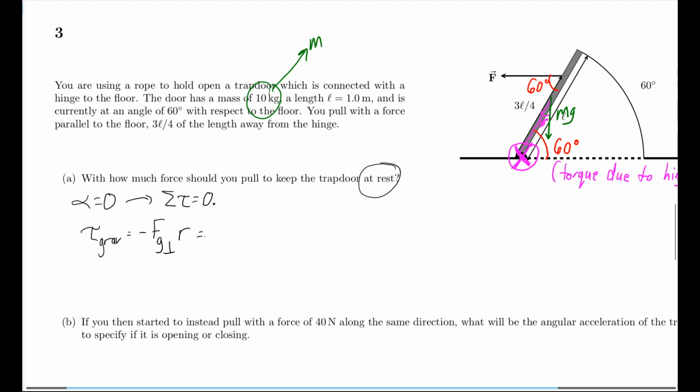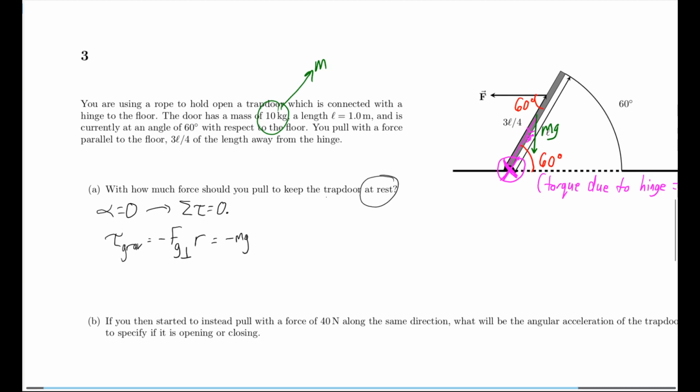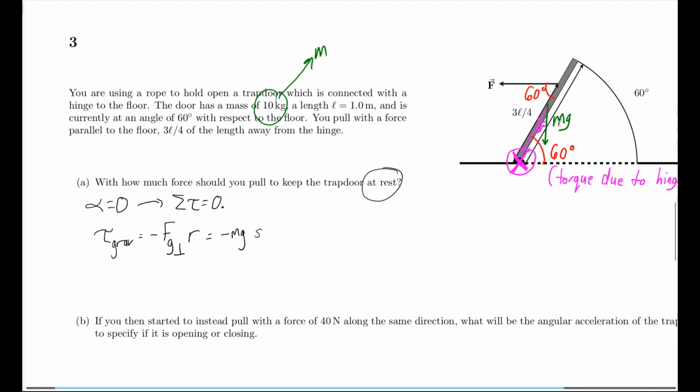So the perpendicular component here is going to be mg times the sine of 30 degrees, or times the cosine of 60 degrees, however you want to think of it. So that's going to be minus mg sine 30 degrees, and the radius here is L over 2.